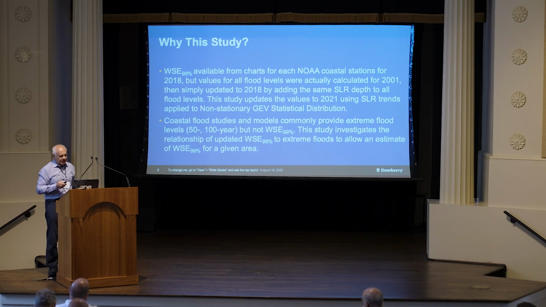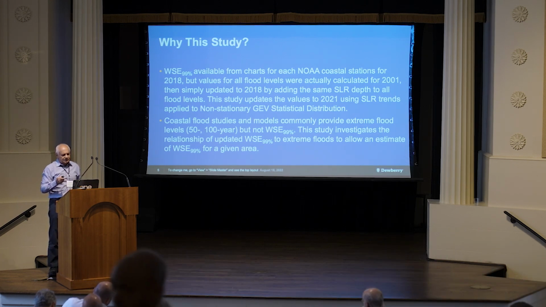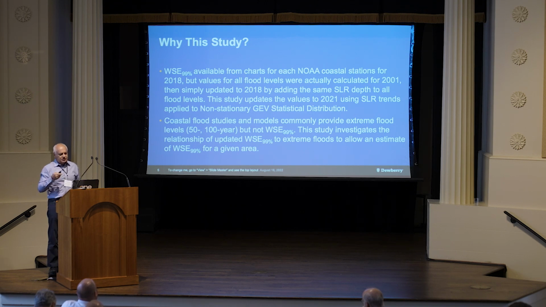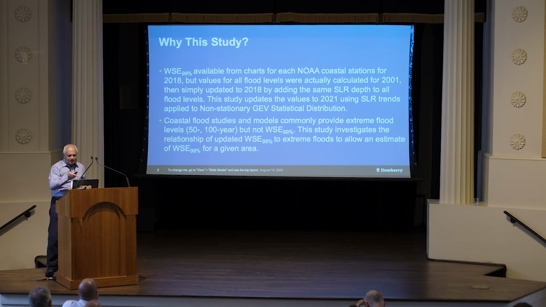So in this study, what I have done is go back to recalculating the values of the coastal flood elevations for the 1 year, 10 year, 50 and 100 year for all of the NOAA stations, bringing them up to the year 2021 using the SLR trends, which I apply to a non-stationary generalized extreme value statistical distribution, which, by the way, is the same distribution that NOAA used to come up with their 2001 values.